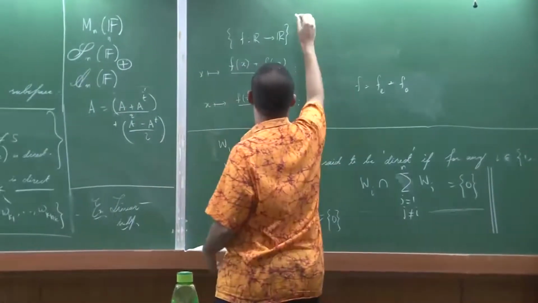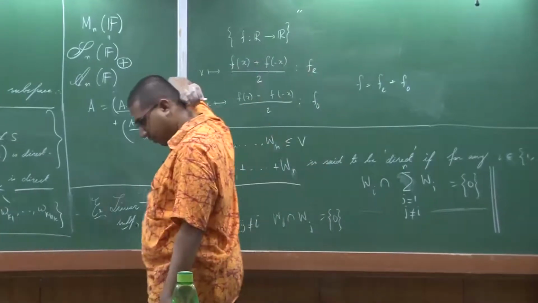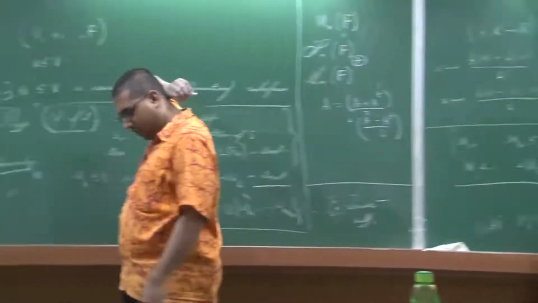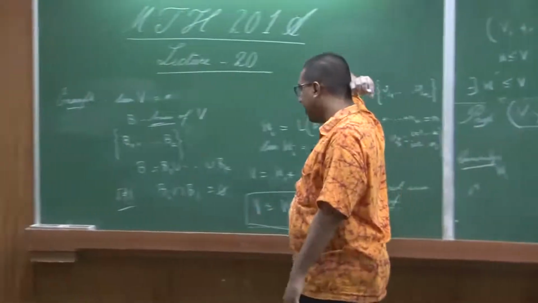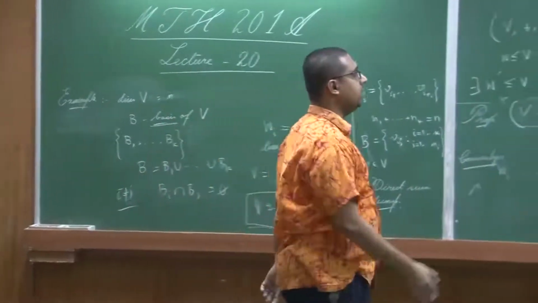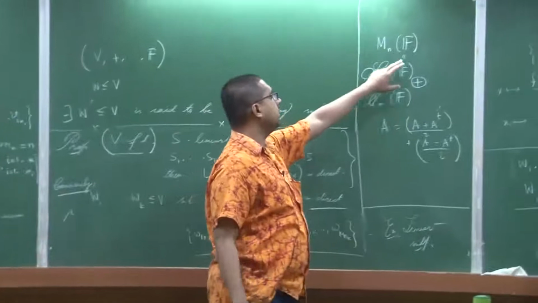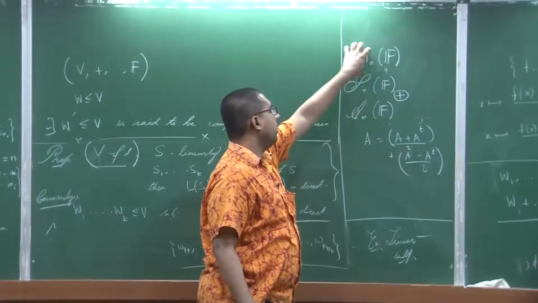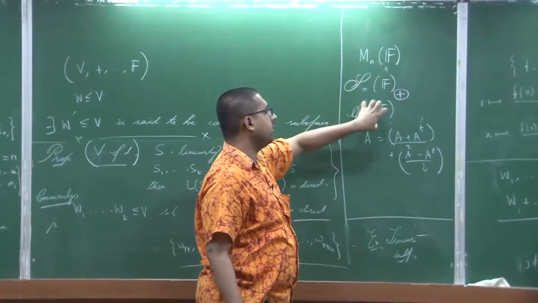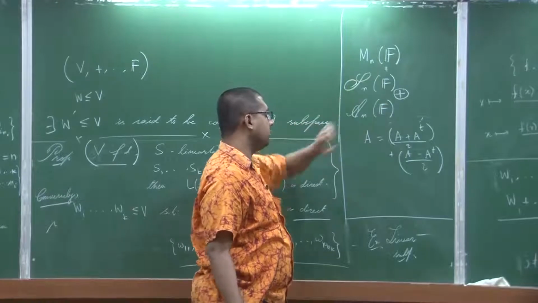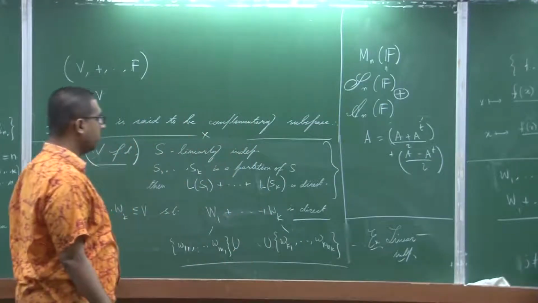Though the function space is an infinite dimensional vector space, and here we do not talk about bases in our course, the matrix space is finite dimensional, and you can have a basis of this by taking the union of a basis of the symmetric and a basis of the skew symmetric.